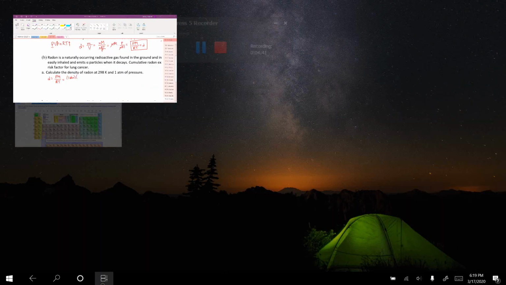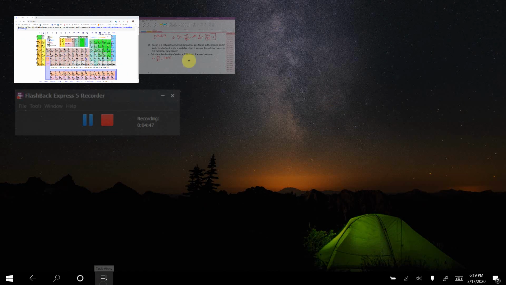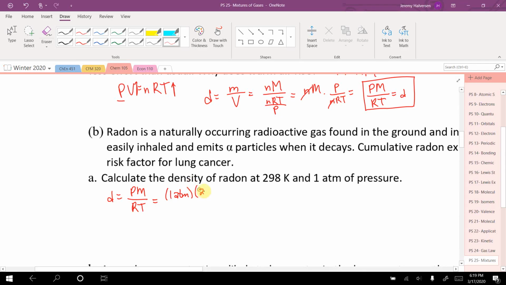Well, this is radon, so if I find radon on the periodic table, it's down here on the bottom right. 222 grams per mole is the molecular weight. Okay, R value, 0.08206 liter atmospheres per mole Kelvin, and my temperature is 298 Kelvin.